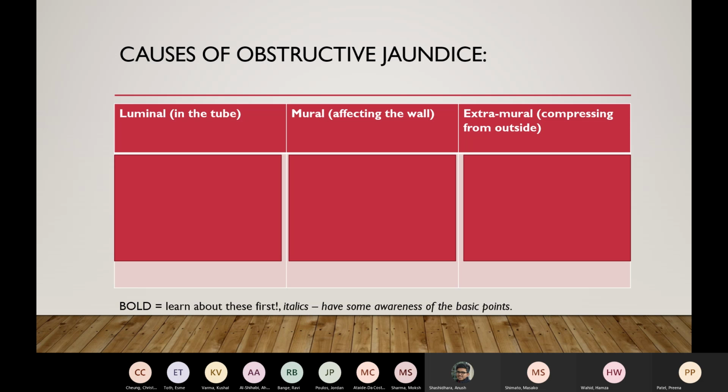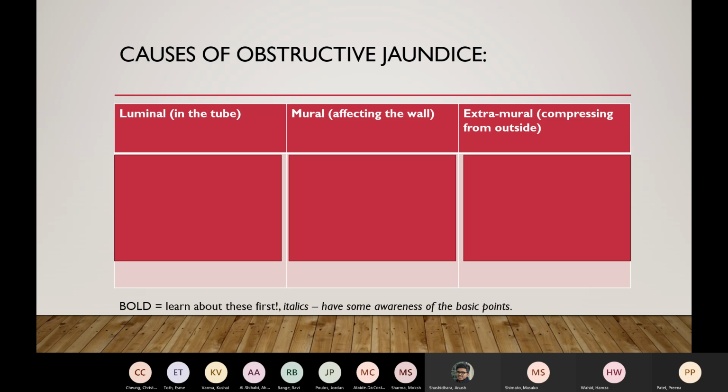Okay, finally moving on. Extramural causes, so anything from the outside that's compressing the biliary tree. I've already spoken about one on slide number 1, but anyone want to tell me about what could be an extramural cause? Pancreatic cancer, yeah, good.